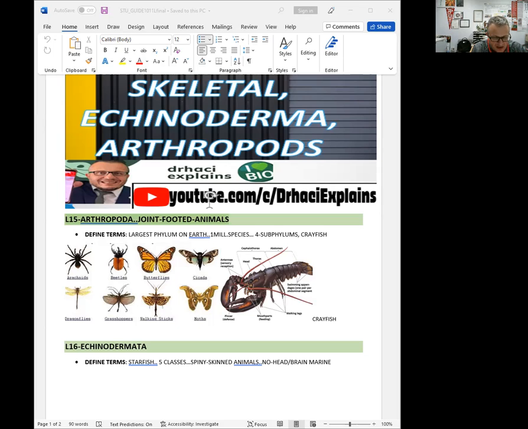They have a chitinous exoskeleton, for example crayfish, shrimp, and crabs. We are going to see the 4 subphyla again. Crayfish is our model system in lab 15 arthropods.